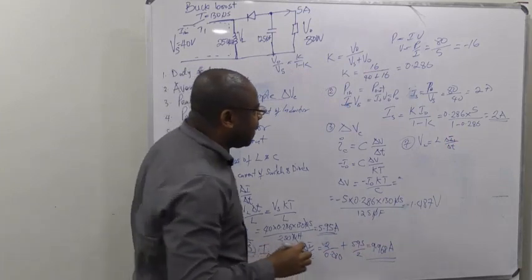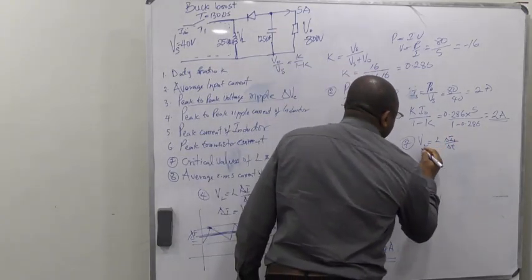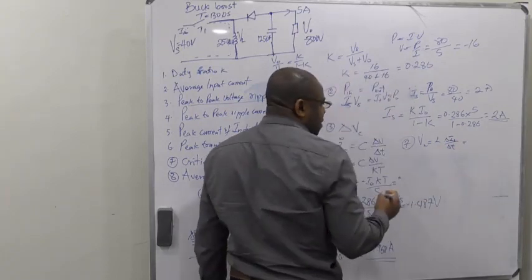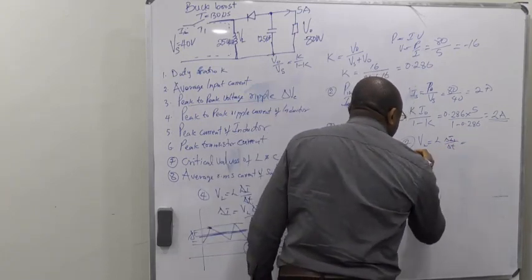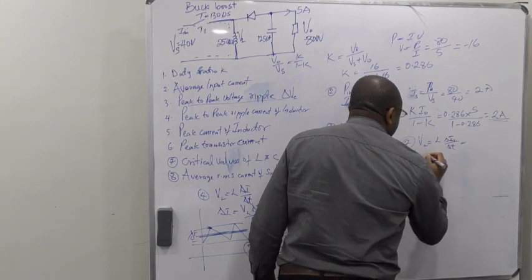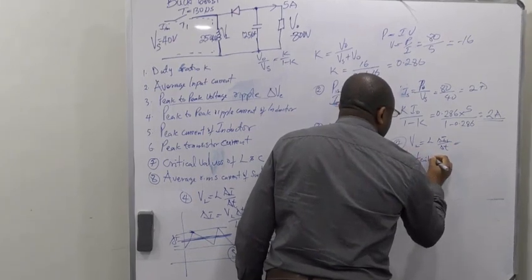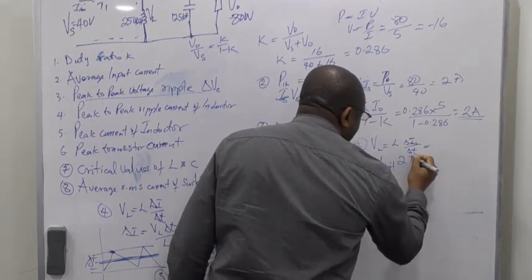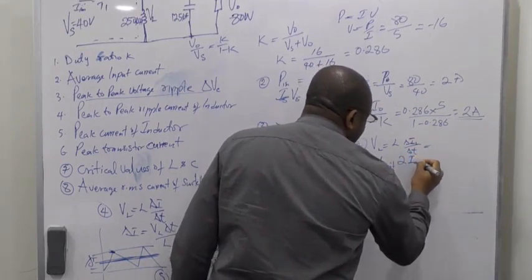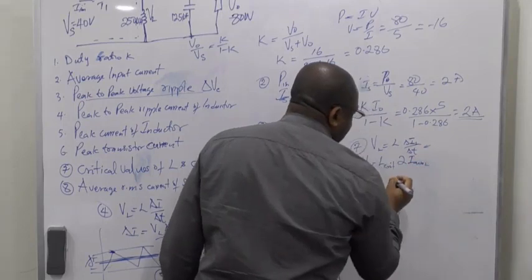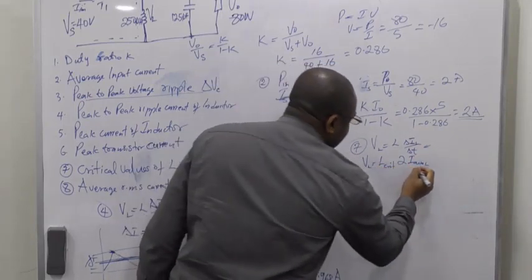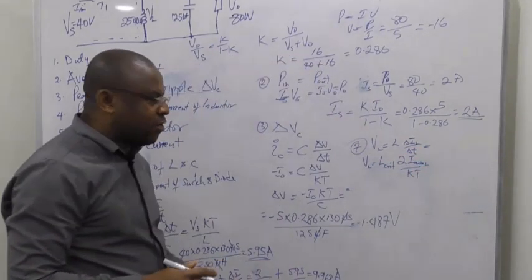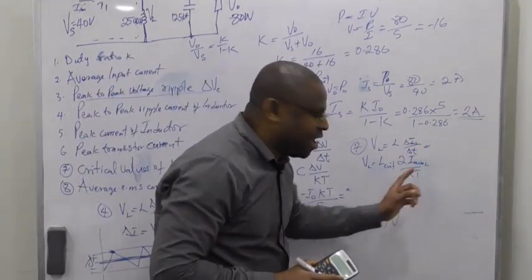Now we can write the critical value: VL with L critical multiplied by 2 times I average on the inductor, divided by the time of on, which is KT.